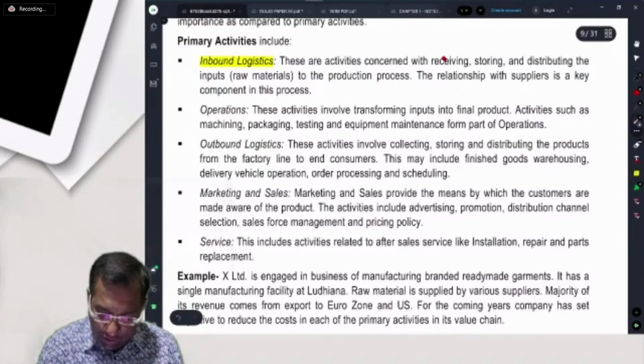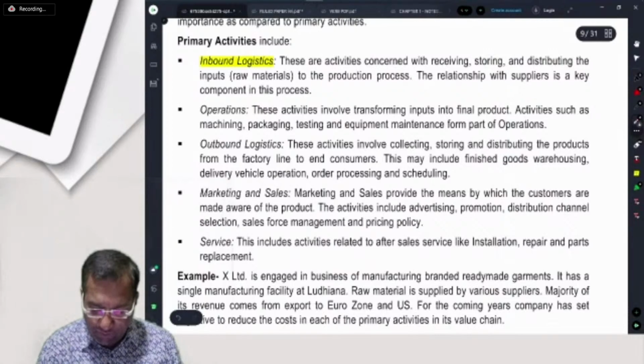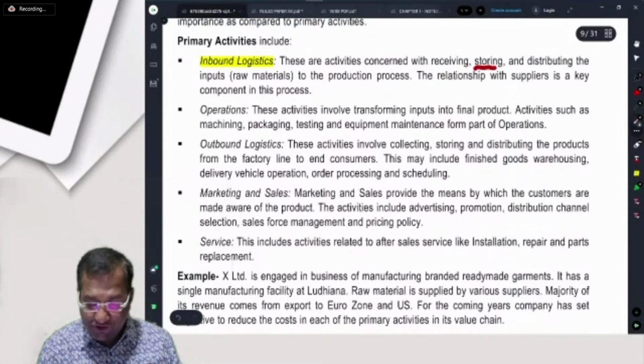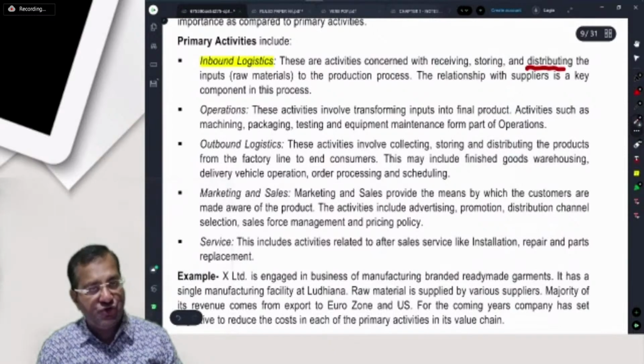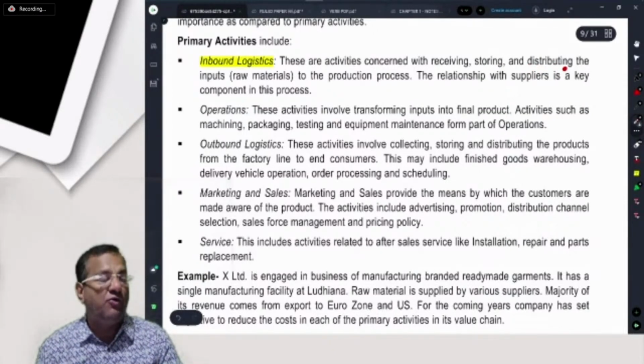I think you cannot interchange these 3 words. The first stage is receiving of raw material. The next stage is storing such raw material in the warehouse, and the third stage will be issuing or distributing such raw material to the production department when needed.